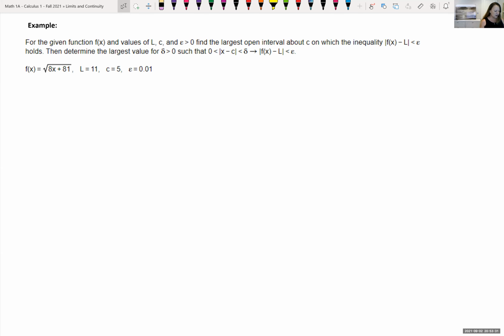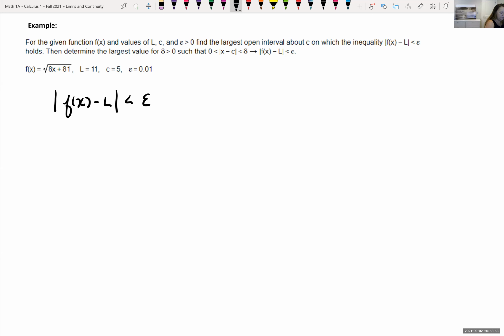Then determine the largest value of delta greater than 0 such that 0 is less than the absolute value of x minus c is less than delta, gives us then the absolute value of f of x minus L is less than epsilon.